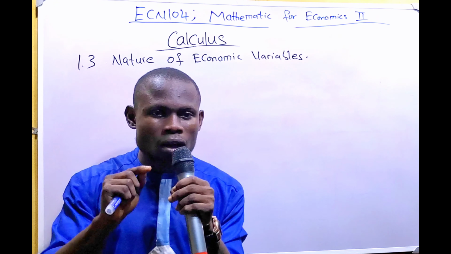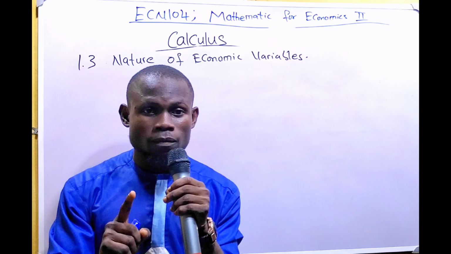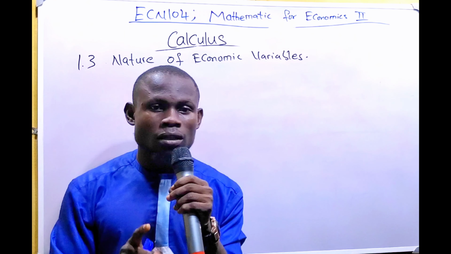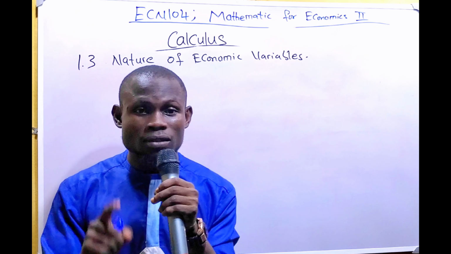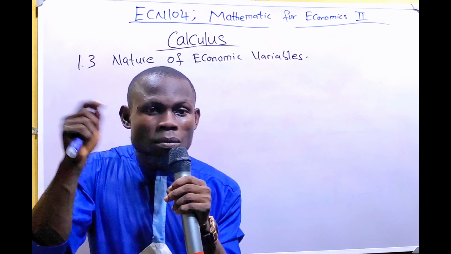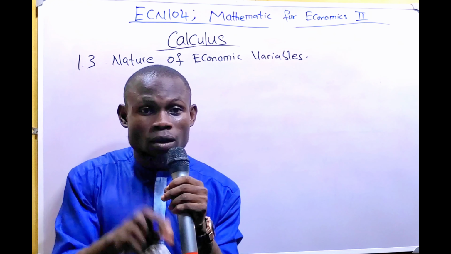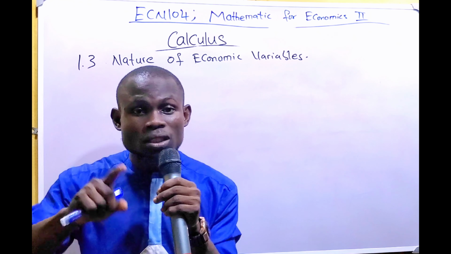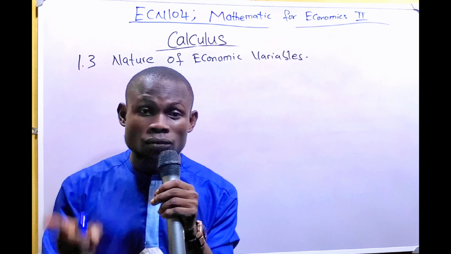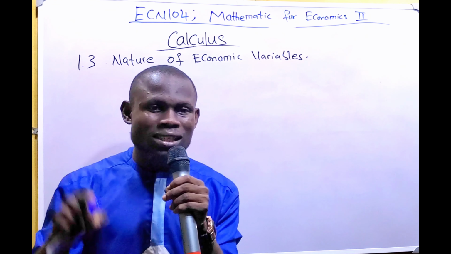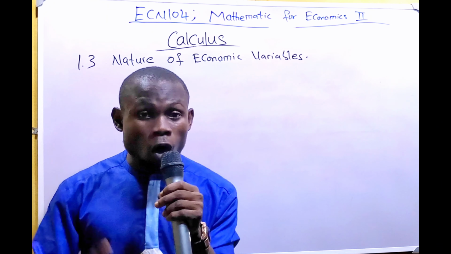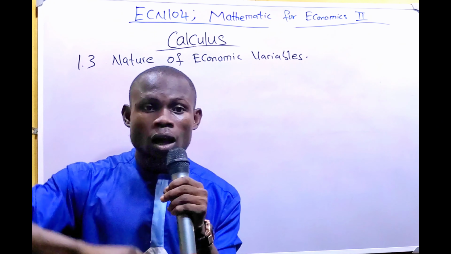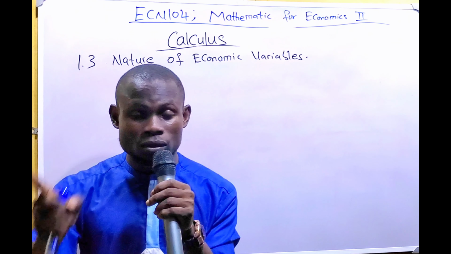Economic variables are not static. For a salary earner receiving 100,000 every month, the quantity demanded for rice in January is different from the quantity demanded for rice in February, as a function of the changing price of rice or as his income increases and other variables of concern.